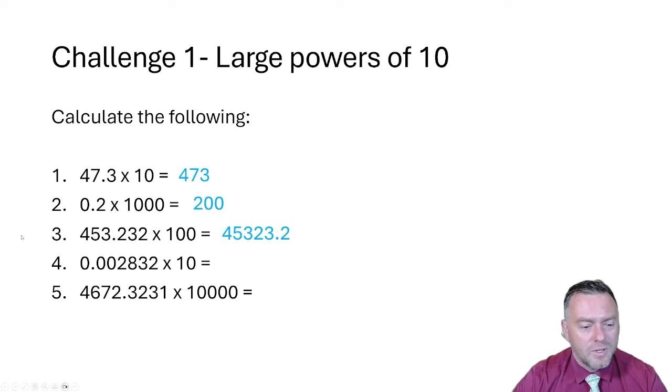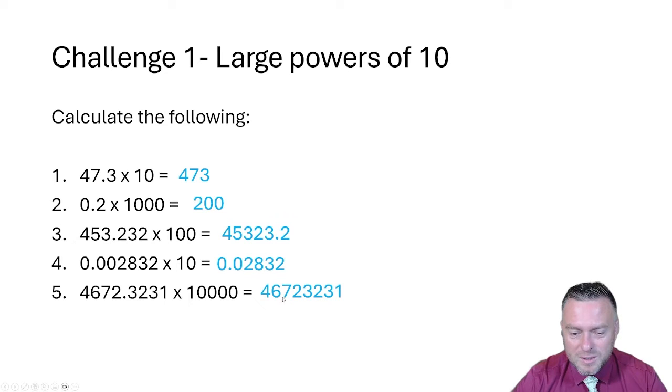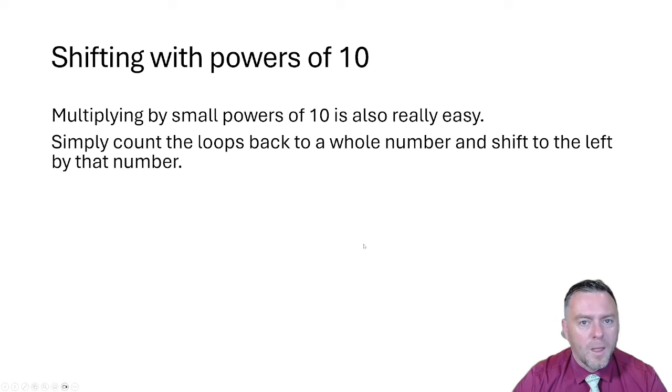Times them by 10, we just shift it across once to the right, so we get 0.02832. And the last one, we're just going to shift it across 4 times, so we get 46,723,231.